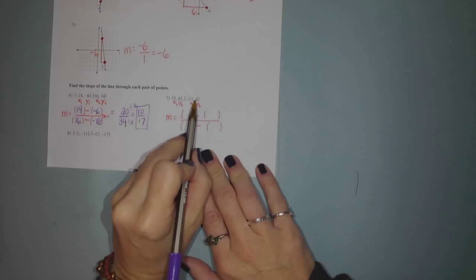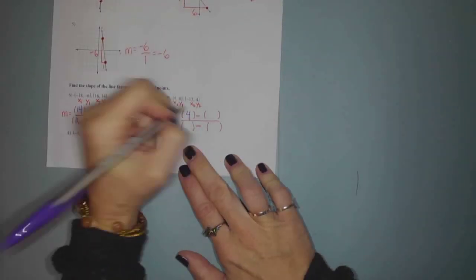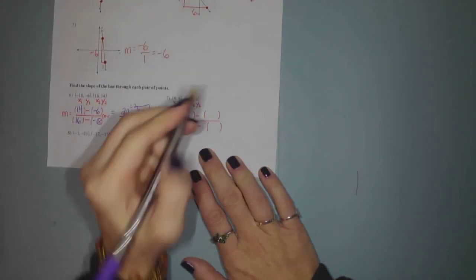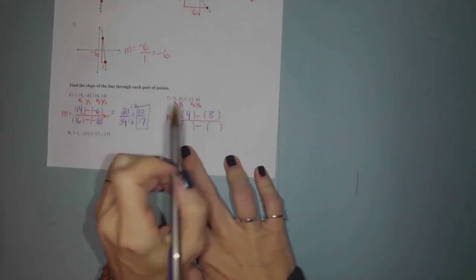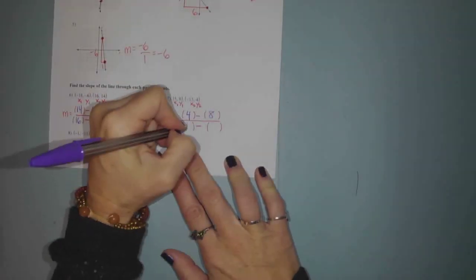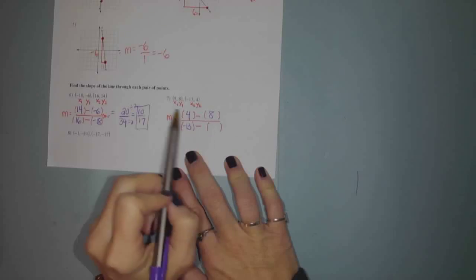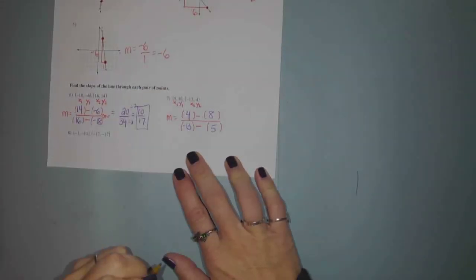And so my formula goes y2, that's 4, minus y1, that's 8. x2, negative 13. x1, 5.